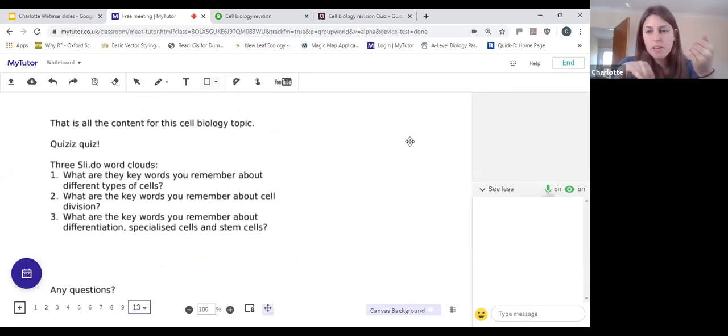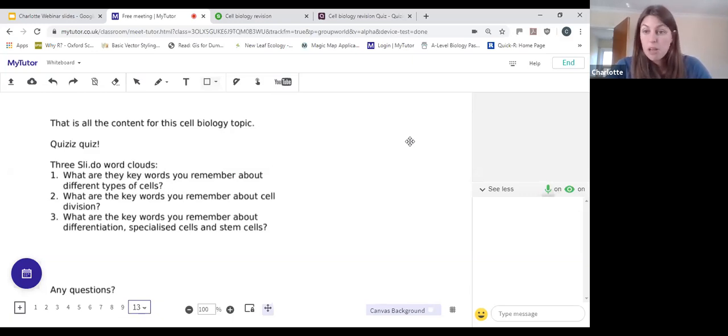The cell biology topic comprises the difference between plant and animal cells, between eukaryotic and prokaryotic cells, and specialized cells, so root hair cells, xylem and phloem, muscle cells, sperm cells, and nerve cells we talked about. It also looks at transport in cells, so diffusion, osmosis, and active transport.